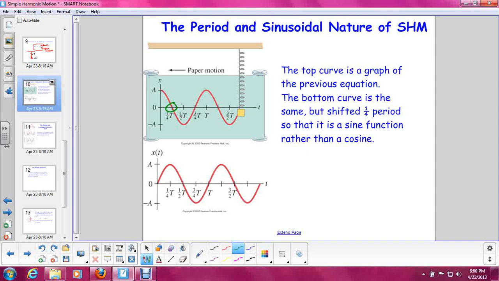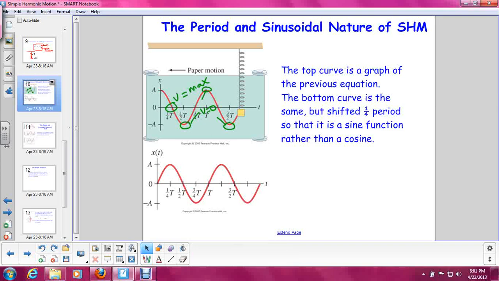So this is where velocity is a maximum. It's very high in the middle. And on the ends, right here and right here, this is where velocity is going to be at a minimum. It's going to basically come to zero so that this object can change direction.